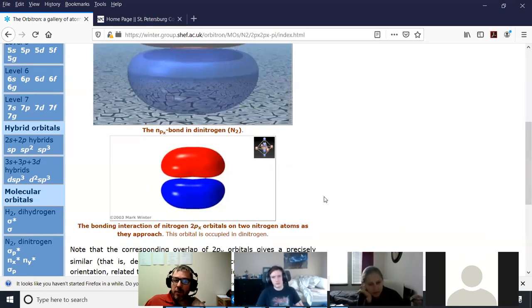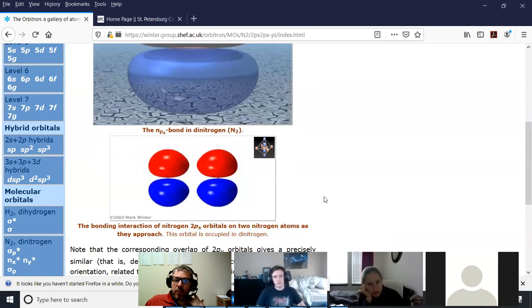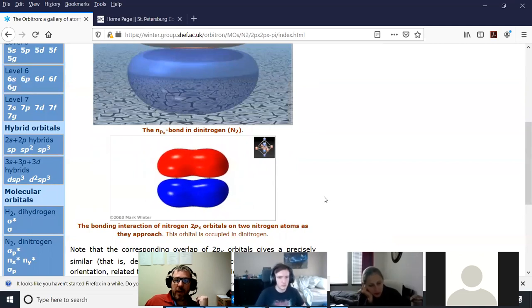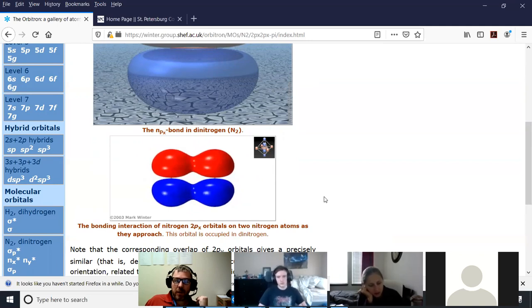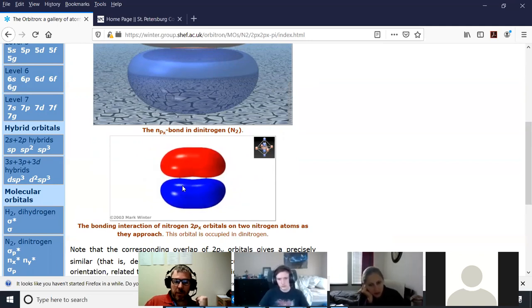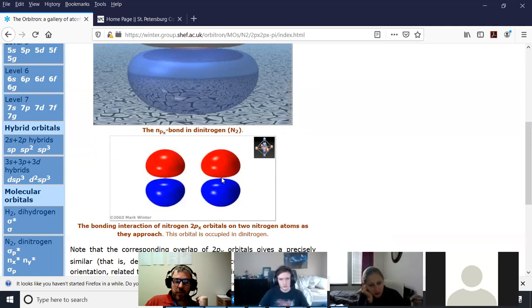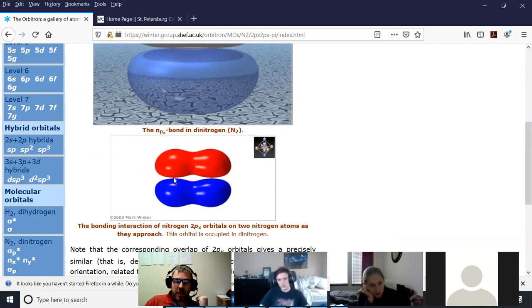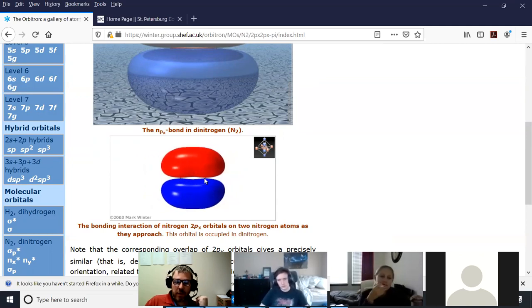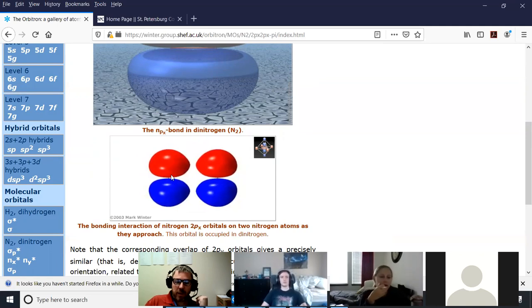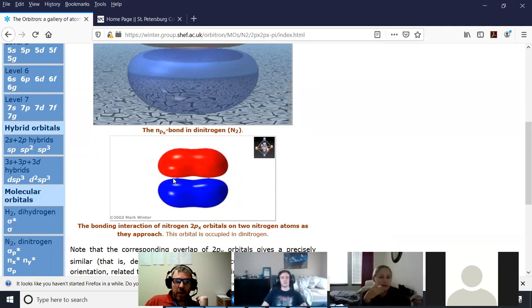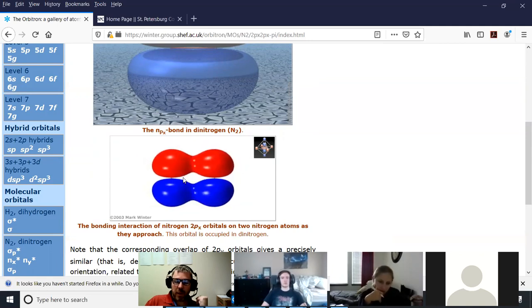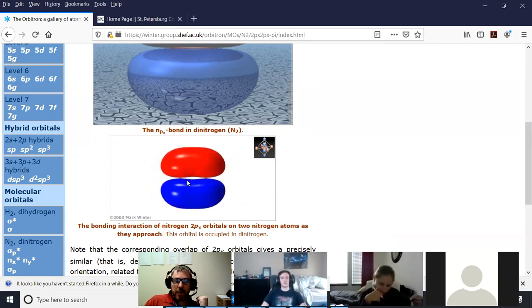So the pi orbital appears between 2 pure p orbitals. It's characterized by being above and below the plane of the actual bond. The nuclei are here, where I've got the cursor here and here. So hopefully you can get an appreciation there of the difference between a sigma bond and a pi bond.